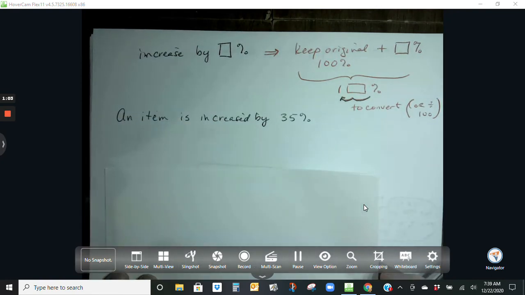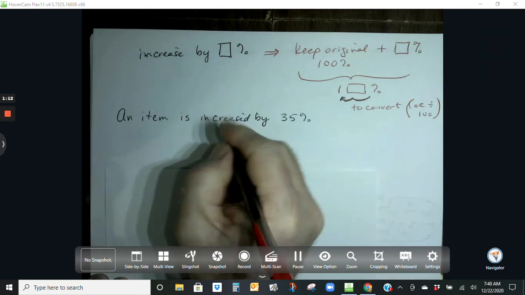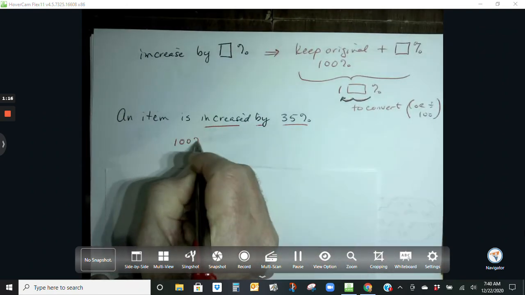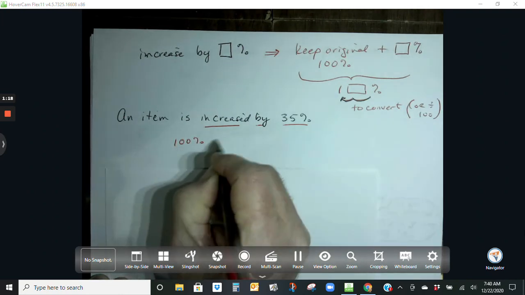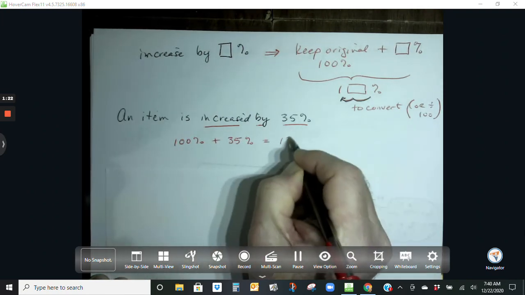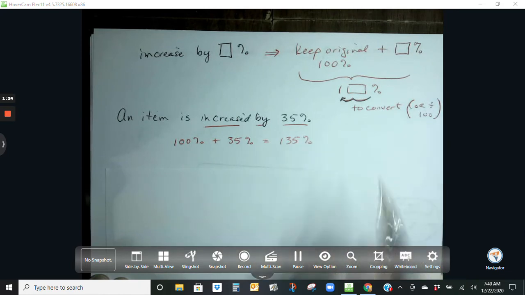Let's suppose an item is increased by 35%. Okay, and I want to find the growth factor. So again, if you're increasing by 35%, you're keeping all of it, which is 100%, plus the 35%, which is 135%. But we don't do math problems with percentages.